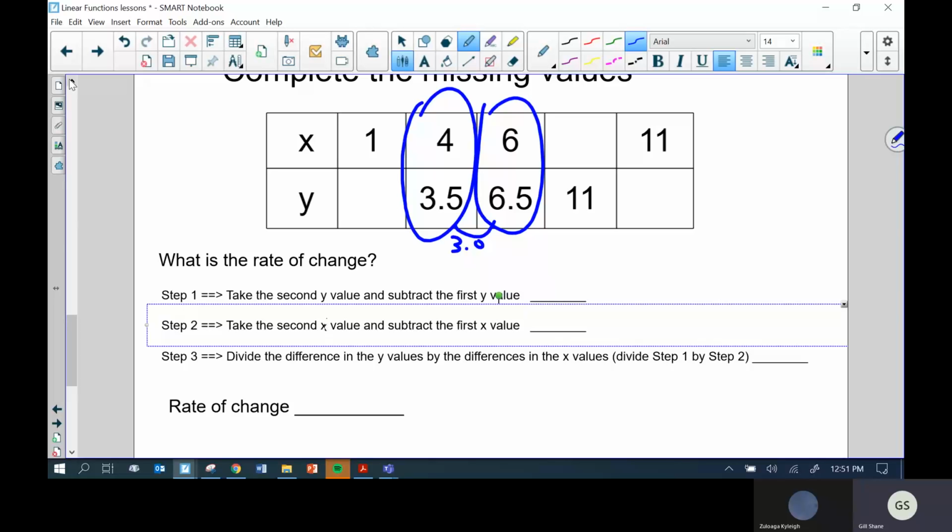For the x value, what's the second x value? We'd say that's the first. Remember, we did the second, first. Count left, right. 1, 2, 6. And then you divide those two out.